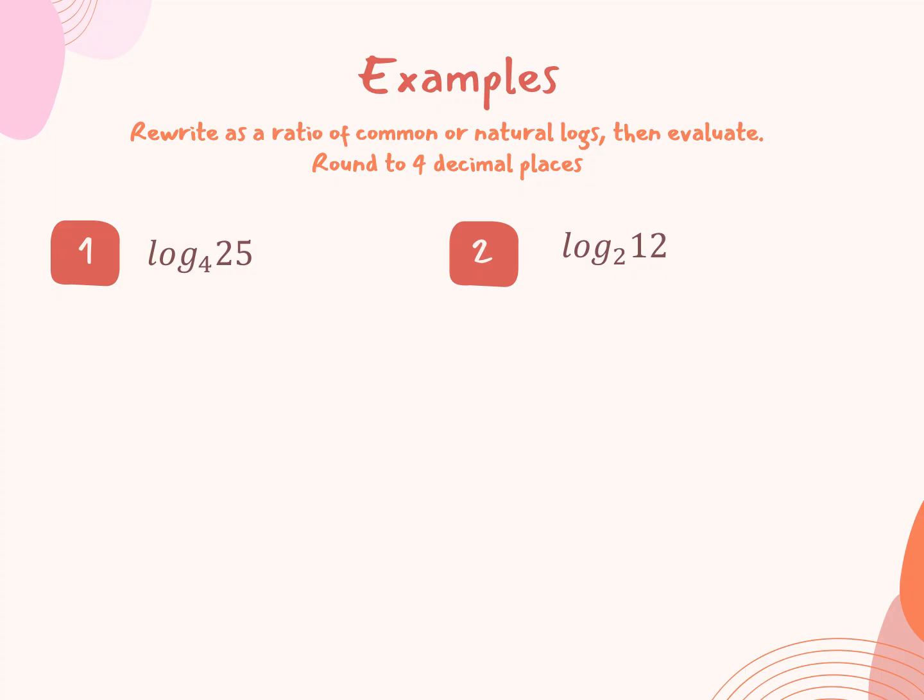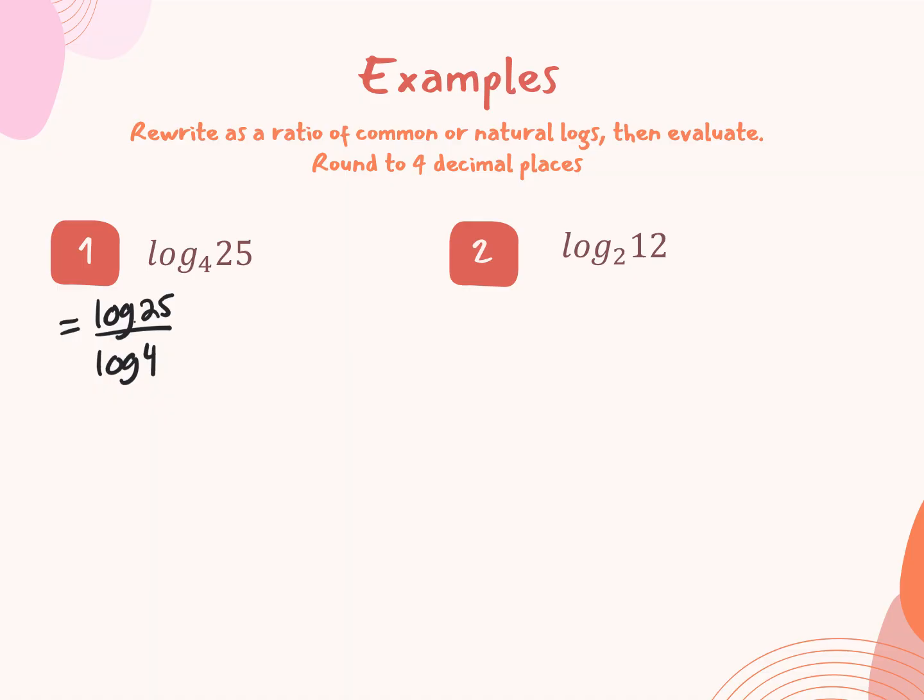Okay, so let's rewrite this as a ratio of common or natural logs, and then we're going to evaluate, rounding to 4 decimal places. So for this first one, log base 4 of 25, once again, our scientific calculators cannot compute this, so we're going to make it calculator friendly. I'm going to say that this is log of 25 divided by log of 4, because hopefully we remember if we don't see a base on a log, it has a base of 10.